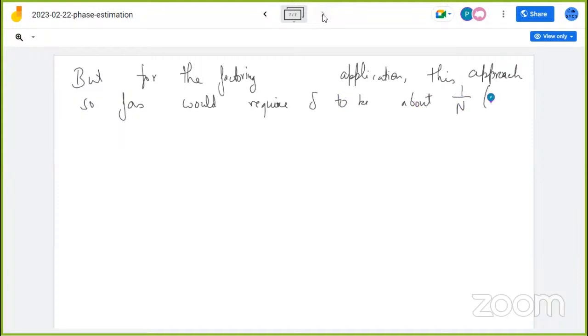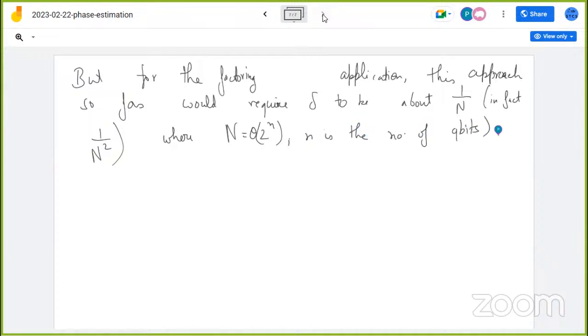In fact, it will require it to be 1 over n squared, where n is equal to the number of qubits, which will force T to be large.